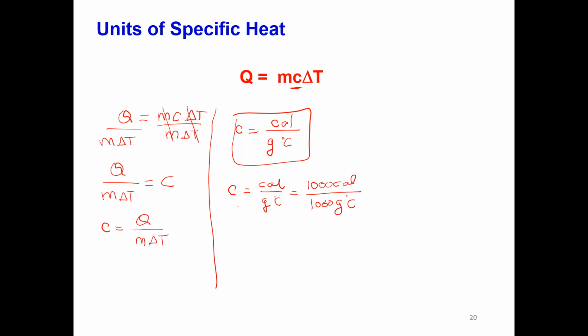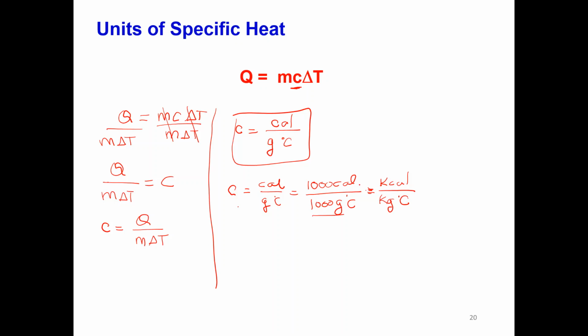Then these two are the same quantities. And if we have 1000 calories, this equals 1 kilocalorie. 1000 grams is 1 kilogram. Yes, this is kilograms, this is kilocalories.